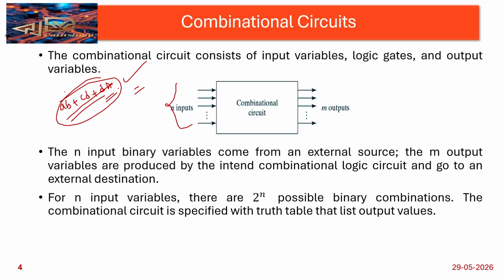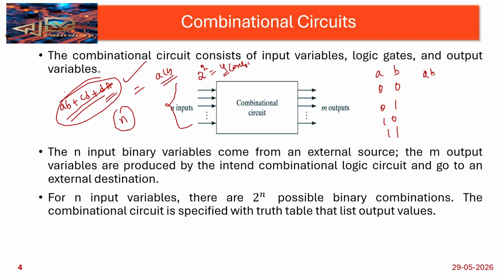Here n number of inputs you are giving. Suppose A, B, two inputs: how many combinations do we get? Two inputs means 2 power 2, four combinations of inputs I need to give: 0 0, 0 1, 1 0, 1 1.